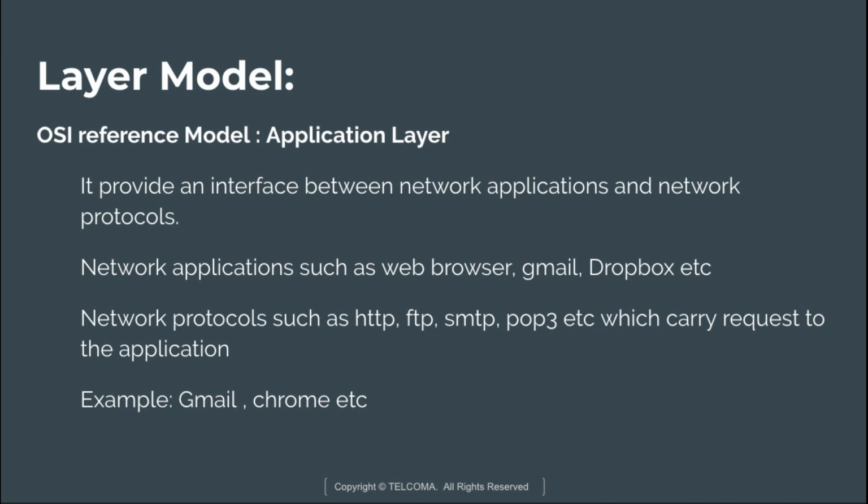So it is a combination of network application and network protocol. Examples of the application layer are Gmail, Chrome, etc. This application layer provides the interface where the user actually communicates with the devices, and it is software that is present in the computer or the devices.